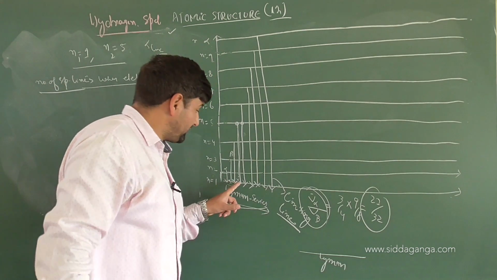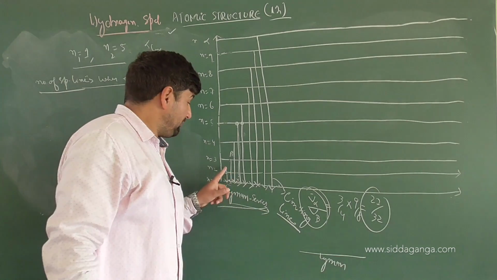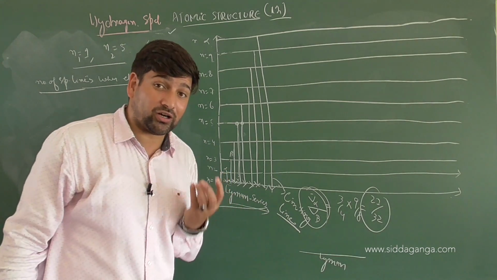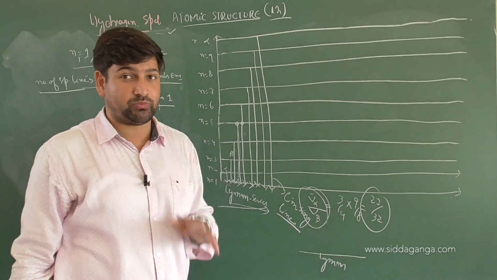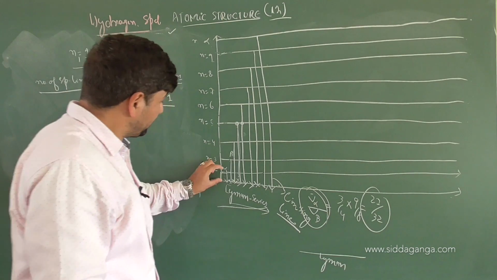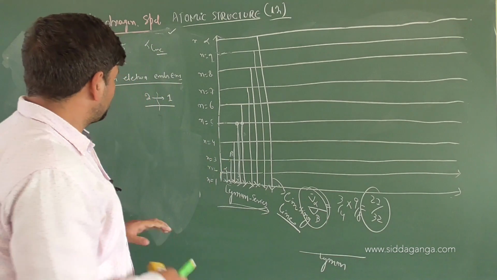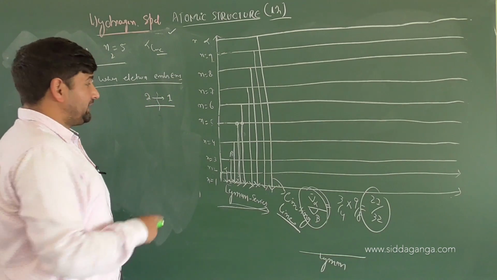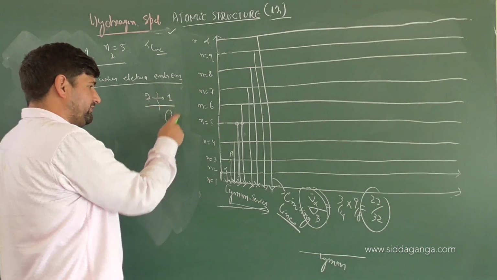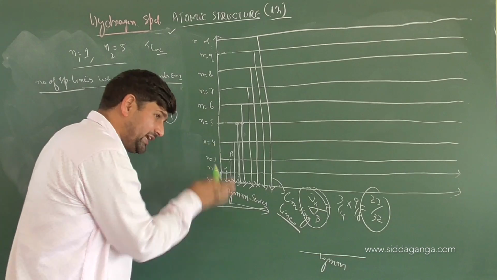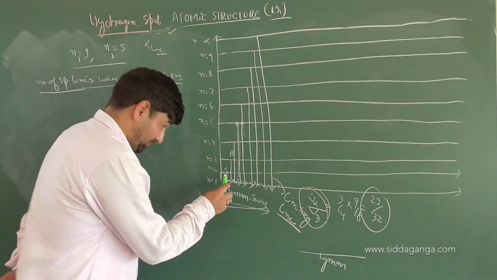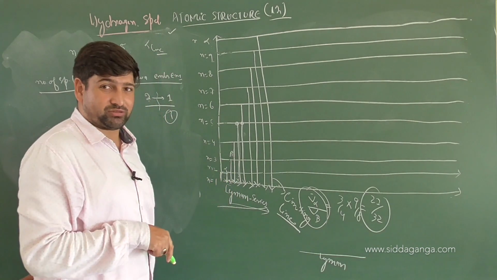Only those energy levels are possible where the amount of energy released will be in discrete quantities and angular momentum should be nh by 2 pi. Am I clear? So it should be in terms of some particular frequency values. So when it is coming from 2 to 1, the total number of lines produced is only 1, because this one line is the only line that is possible here. That is the only one emission that is possible there.